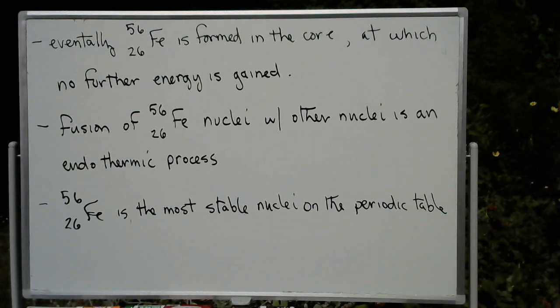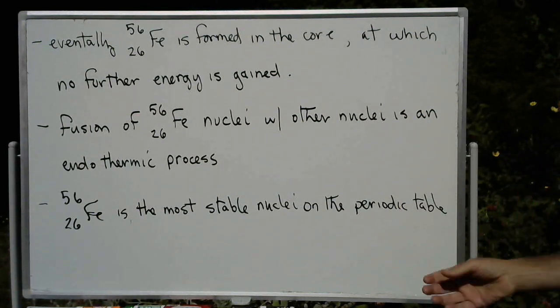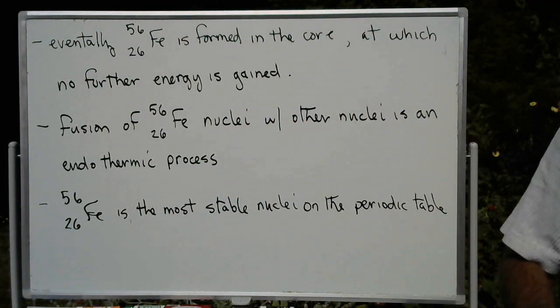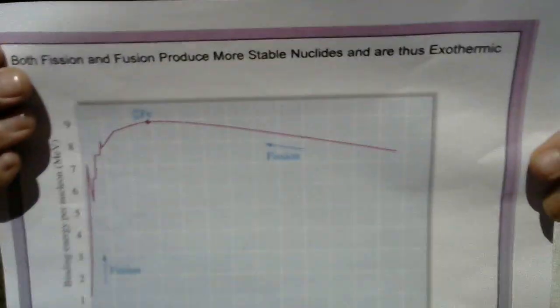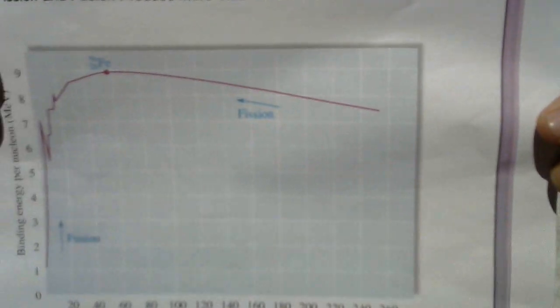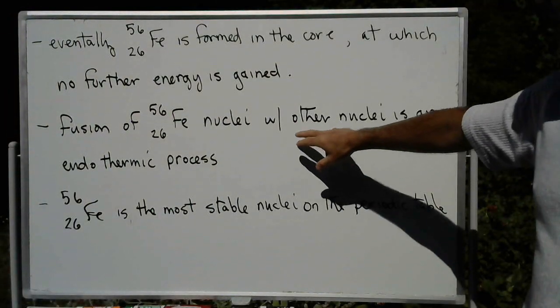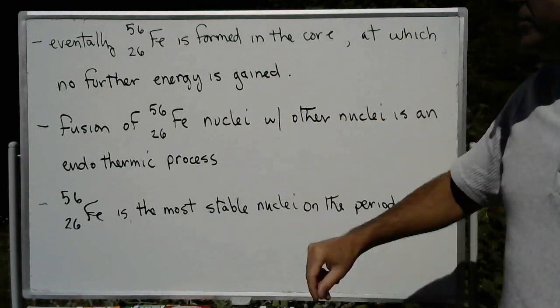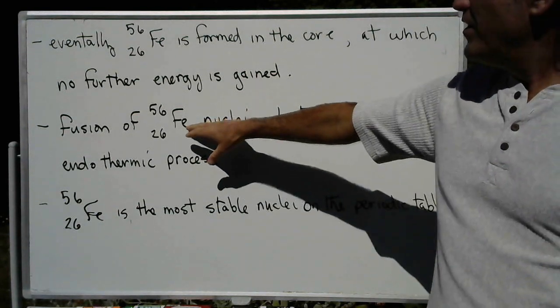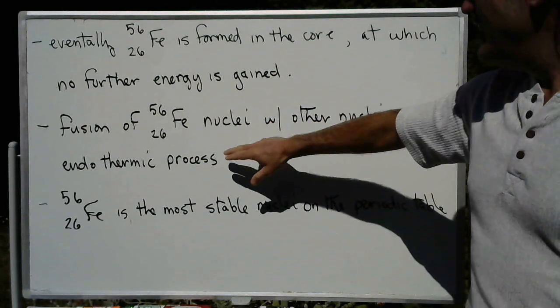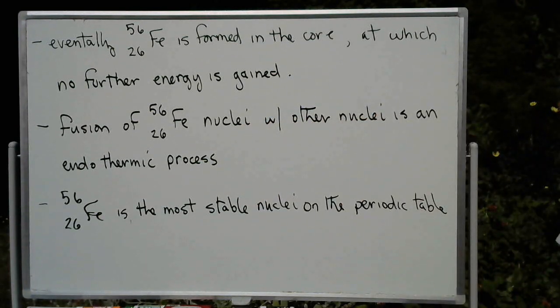And at that point, there's no energy gain through the fusion of iron 56. That's why iron 56 is at the apex on this graph. That's iron 56 there. And it's due to the fact that if you fuse something with an iron 56 nucleus, it's actually an endothermic process, meaning it takes energy to actually get that to happen.